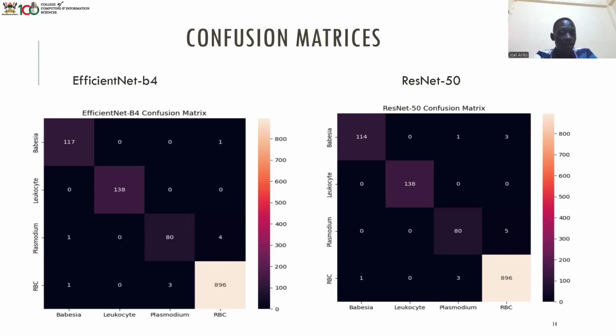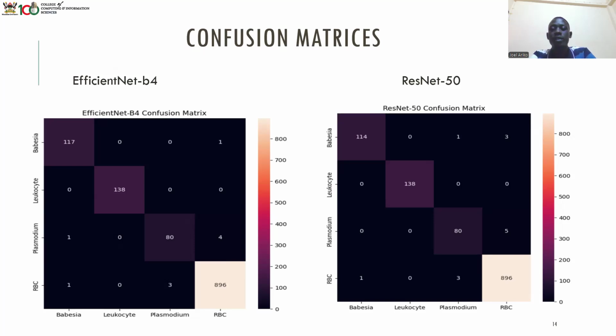Then we have the plasmodium, whereby 5 were not predicted correctly: our model predicted 1 plasmodium cell as Babesia, then the other 4 as red blood cells. Equally for the red blood cells, the model predicted 4 of them incorrectly, where it predicted 1 as Babesia, then 3 as plasmodium.